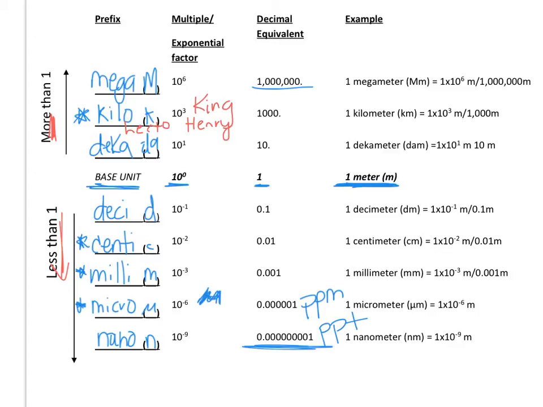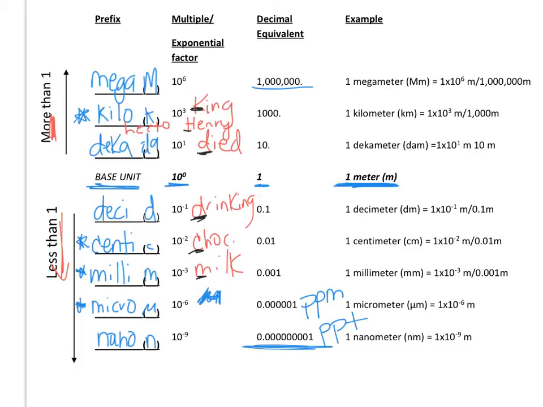King Henry died drinking chocolate milk. So that might be helpful. K for kilo, H for hecto, D for deca, D for deci, C for centi, and M for milli. That's just a little mnemonic to remember that.